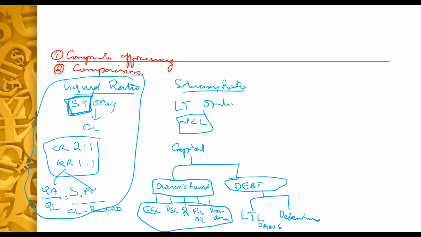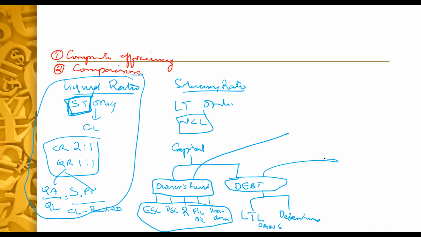Yes. The second classification is debt. Debt means it is an external source of capital. It includes long-term loans and debentures. If I ask you, what is the return for shareholders fund and what is the return for debt? Tell me.